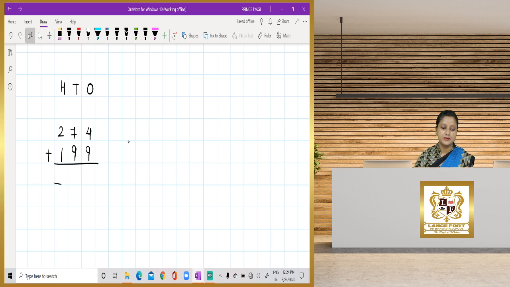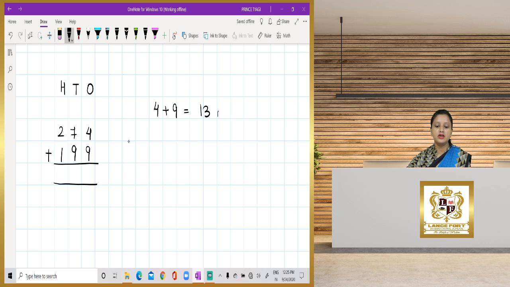Let us add. We always start from the ones place. So add 4 plus 9. When we add 4 plus 9, we get 13 as our answer. And you know that if the number is more than 9, we regroup the number into tens and ones.